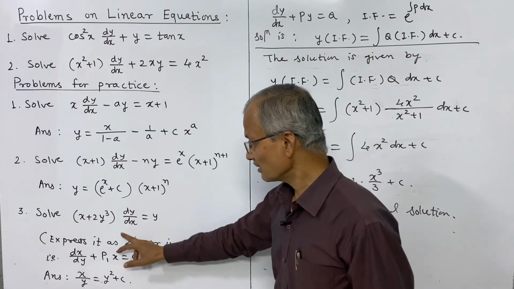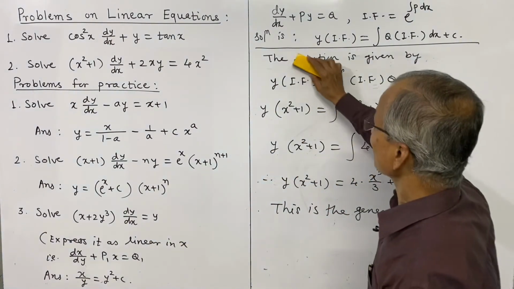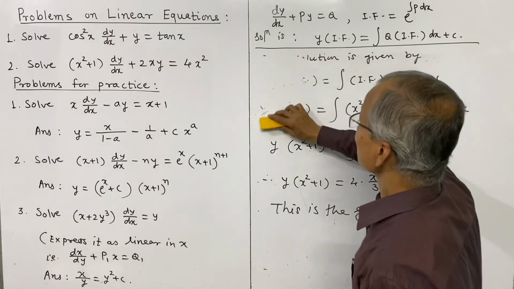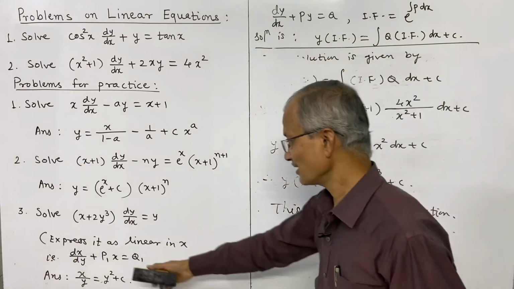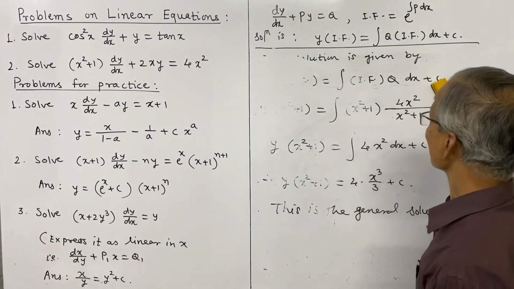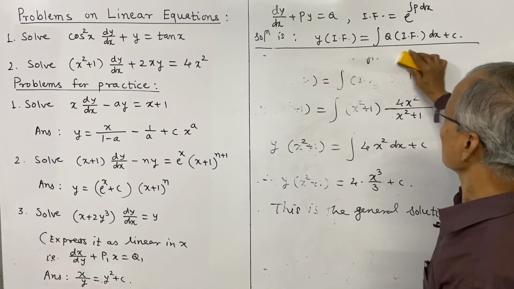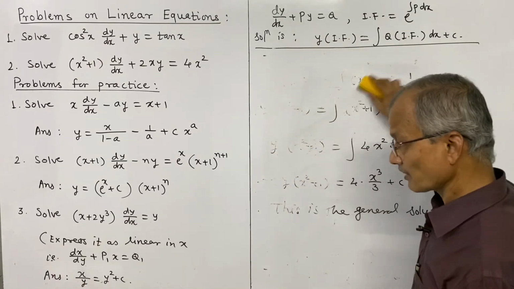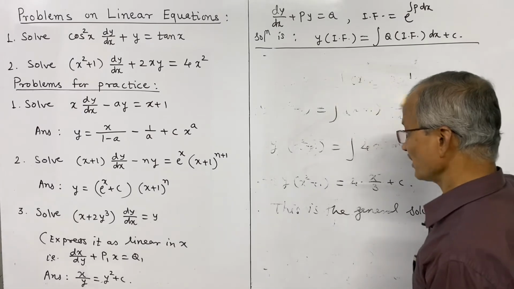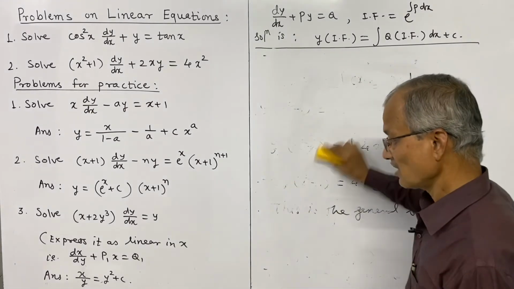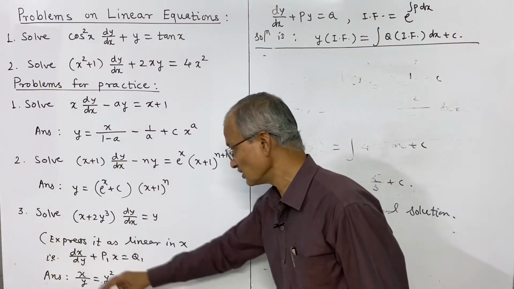But for the third example, see, it is to be expressed. Here a hint is given. It will not be a linear differential equation in y, but it will be a linear differential equation in x. So we should express this equation in this form.